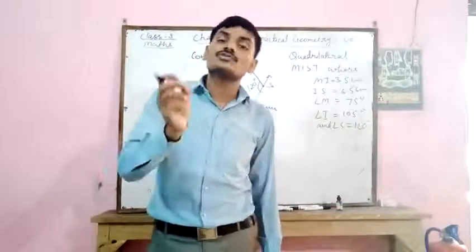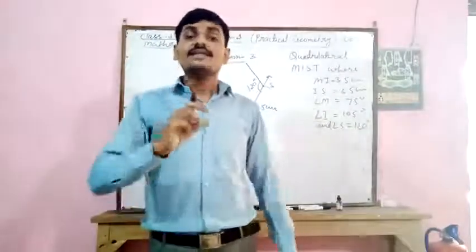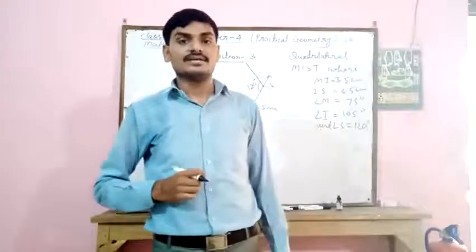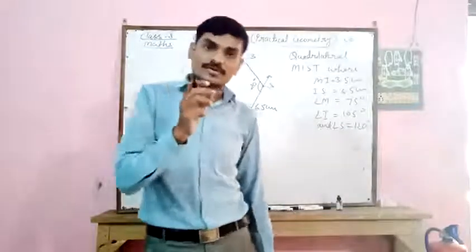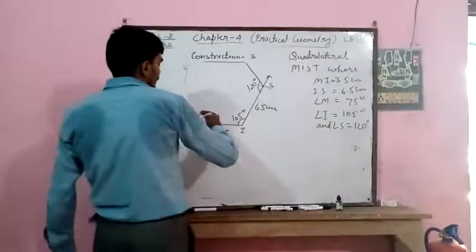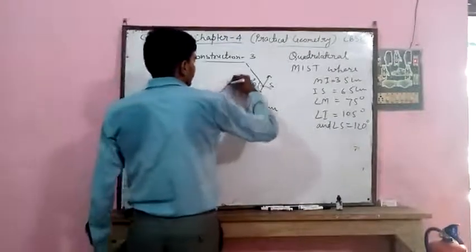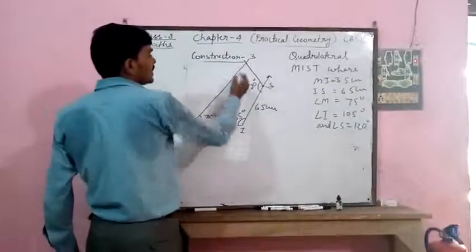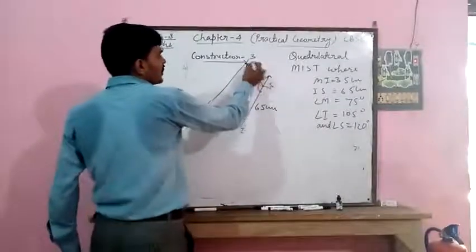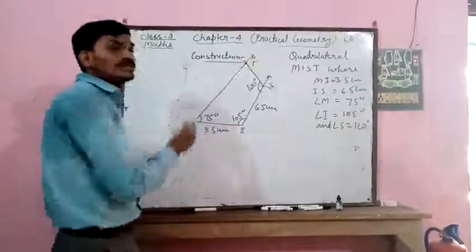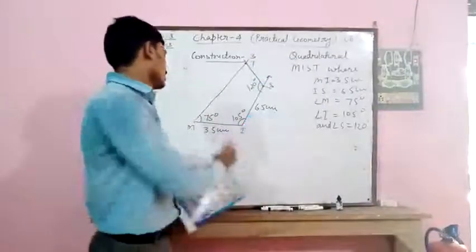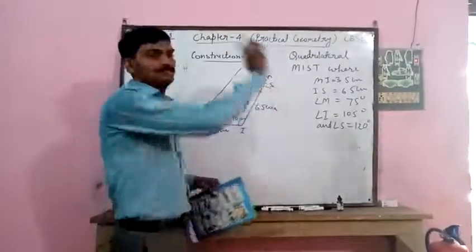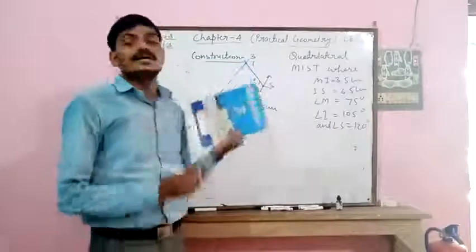After that, you should draw the 15 degree. Then you will obtain the 75 degree with the help of ruler and compass only. So here you will draw the 75 degree and join this. This point will be your T. So this is the required quadrilateral MIST. So this is your third construction.